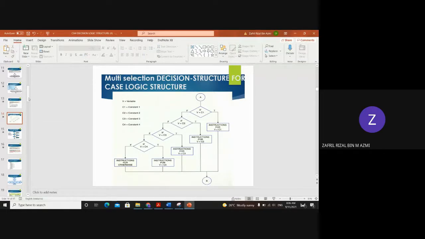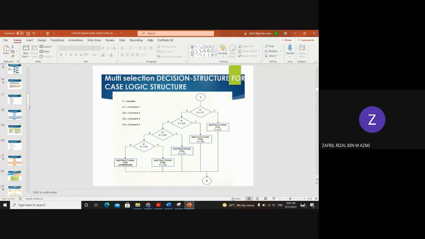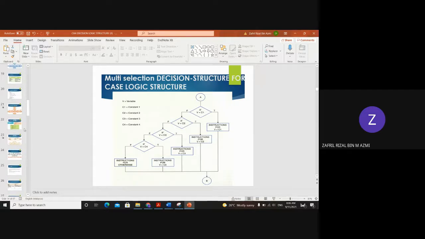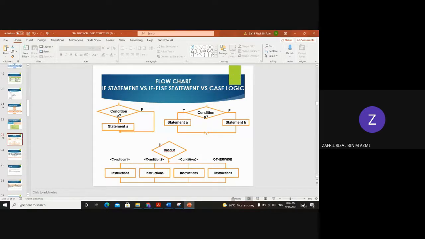So last week, after we looked at all the possible structures for if selection, single, bi, and multi, we also looked at the case logic structure. The case logic structure is only applicable if the condition belongs to variable types of integer or single character only.